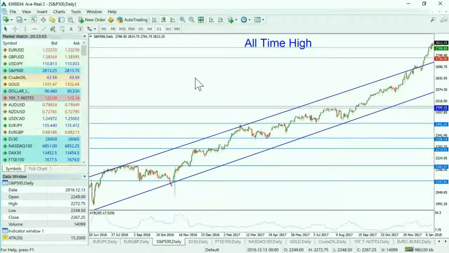and we're also looking at the global picture with these global indices, and there's definitely the potential for that continued upside. However, if this bubble does burst, it's going to be very interesting to see how this all unravels.